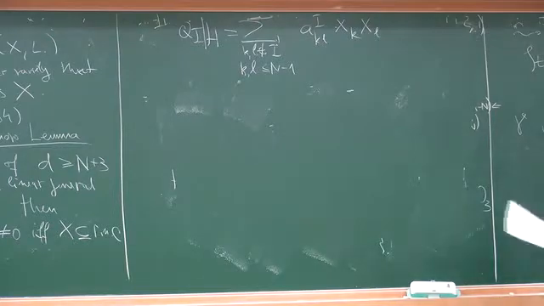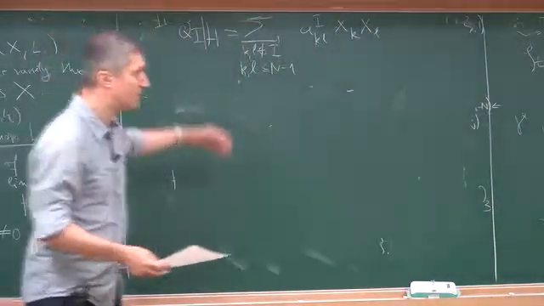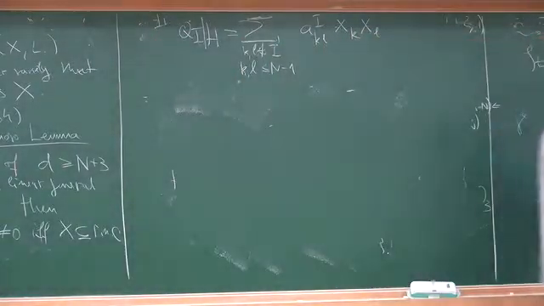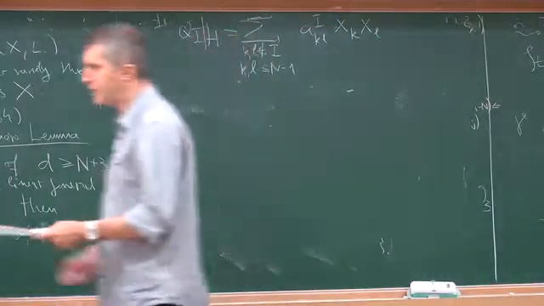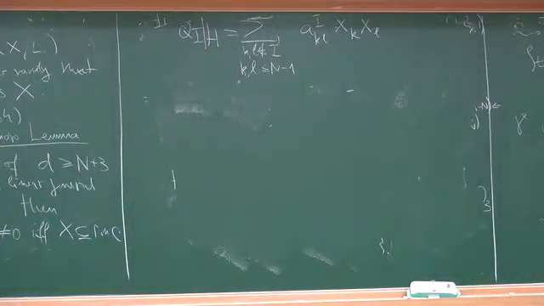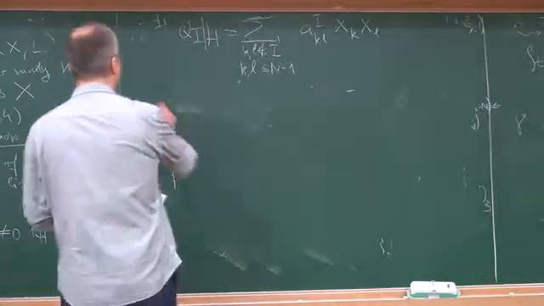Now let's try to understand the action of this transposition on alpha restricted to H. So the transposition will exchange x0 and x1, up to multiplication by a scalar. And there are three cases.